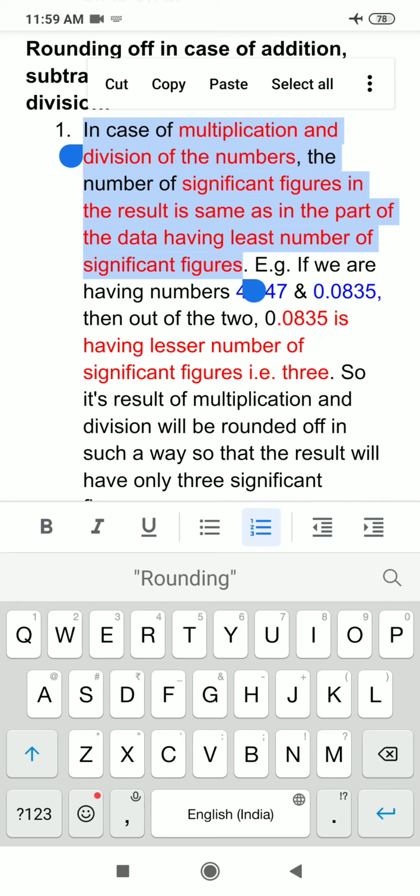What I am saying is that if we are multiplying and dividing some numbers, then the result will be represented in such a way that it will contain the same number of significant figures as the value having the least number of significant figures.